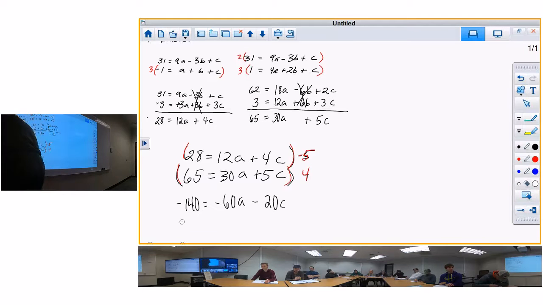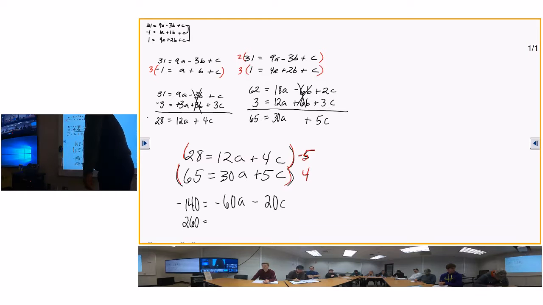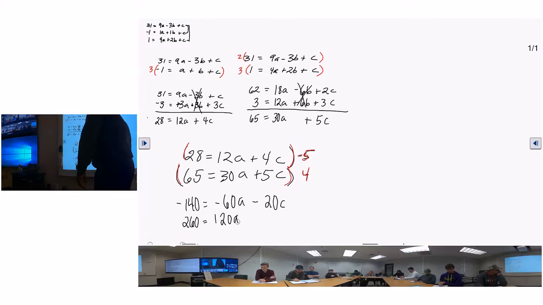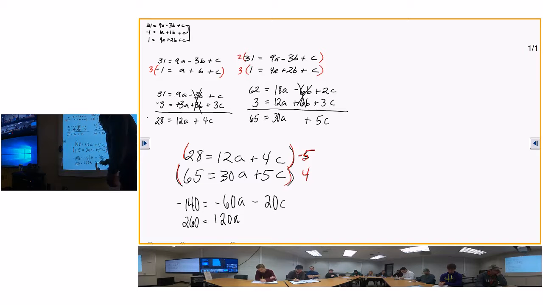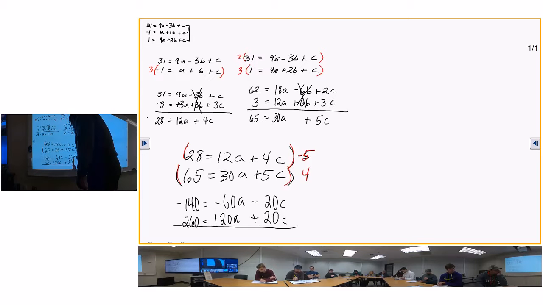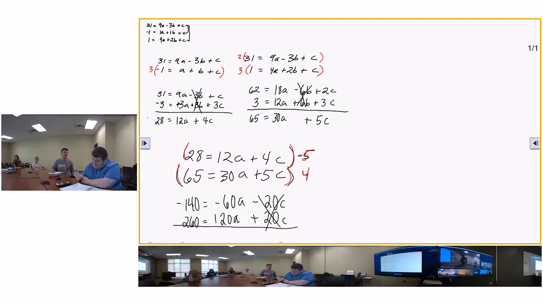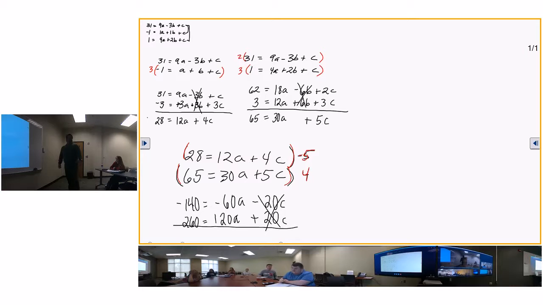4 times 65, I said it was 260, is equal to 120A plus 20C. The 20s cancel. -140 plus 260 is what?